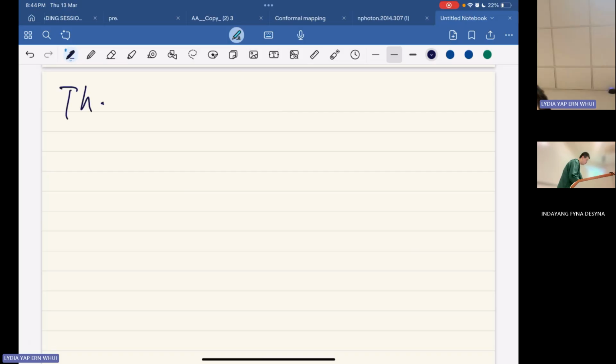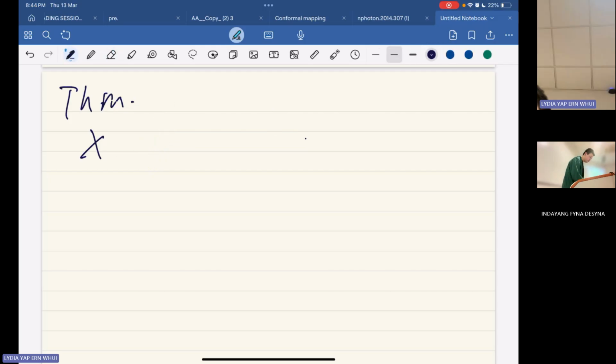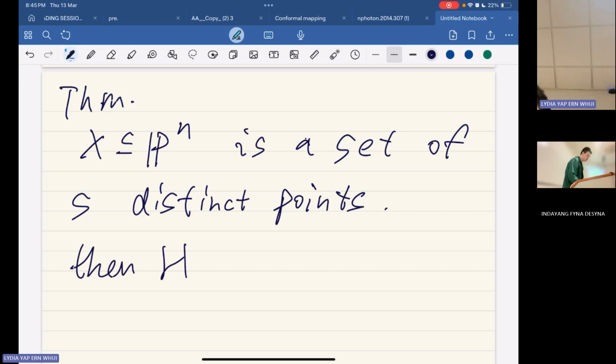And also there is a theorem that says: if X is a set of S distinct points in Pn, then H_X(m) will equal S, or I think we use m in this lecture, right?